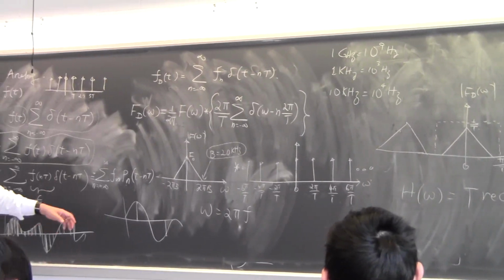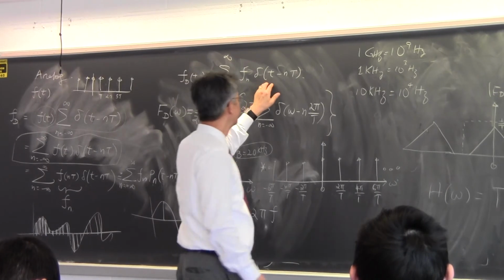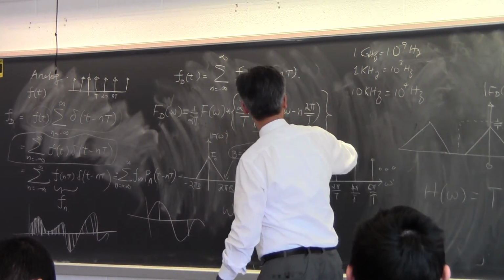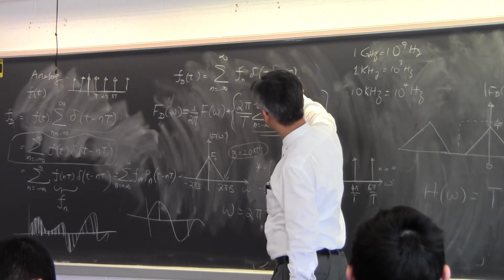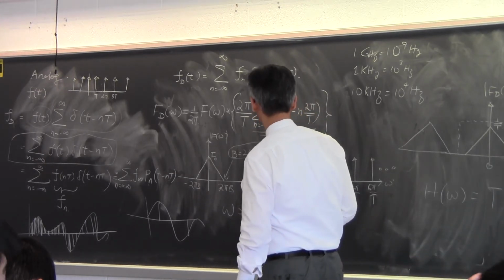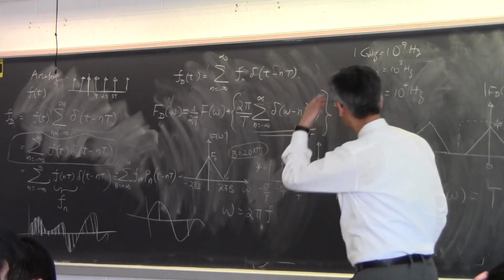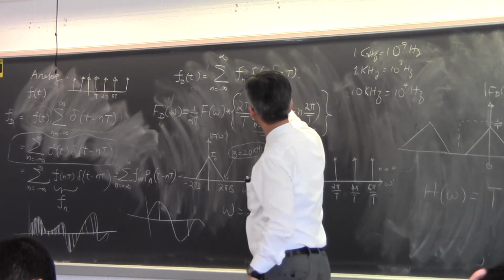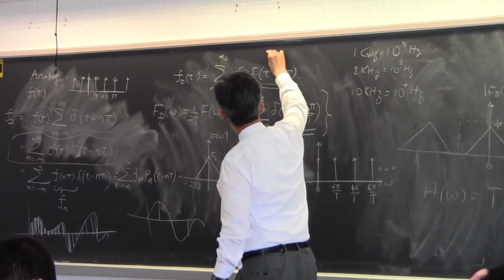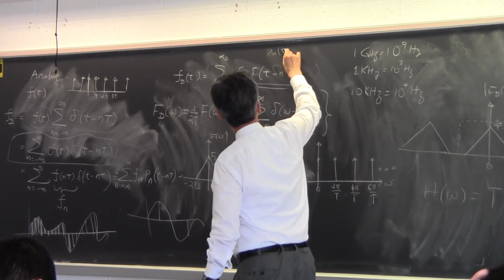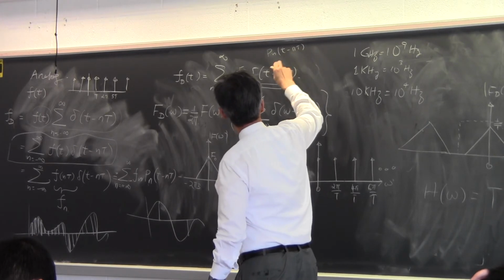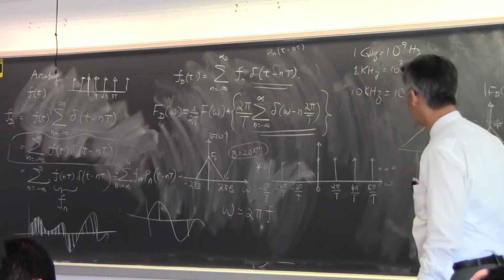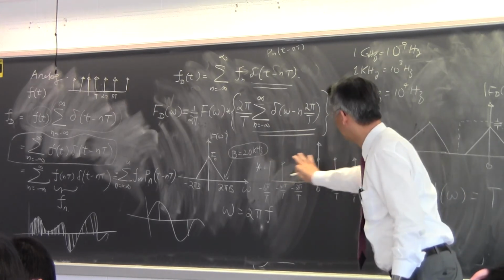Because this impulse train needs a lot of high frequency content, you need a lot of high frequency components in the Fourier space to reconstruct it. So if you were to distort the shape of this impulse train and approximate it with something that is not that singular, you will only change the Fourier components out there.